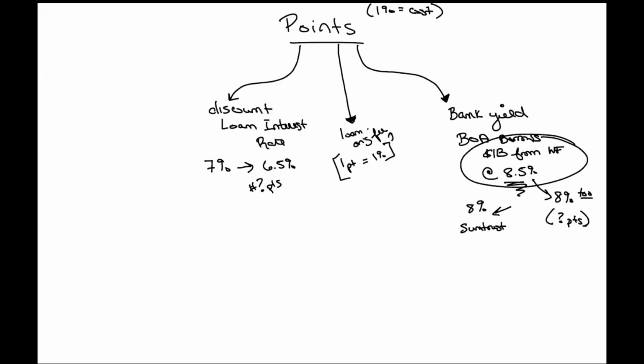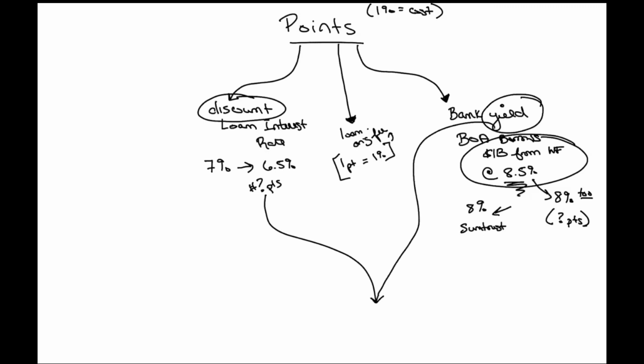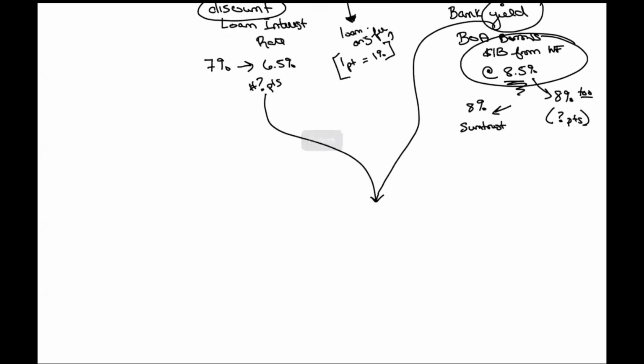Now, in this instance where you're having discount points, or where you're dealing with your yield, what we need to know is that 1 point covers interest, in this case that missing interest, at a rate of 1/8 of 1%.